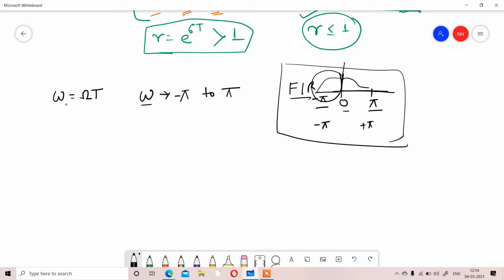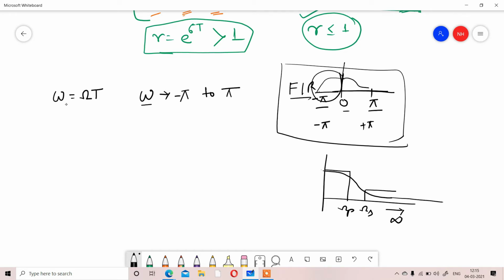And for an analog filter, we have a filter like that, and that continues. That is your omega p, that is your omega s, and that goes towards infinity. There is no stop, it goes towards infinity.